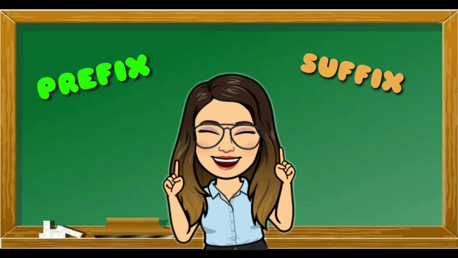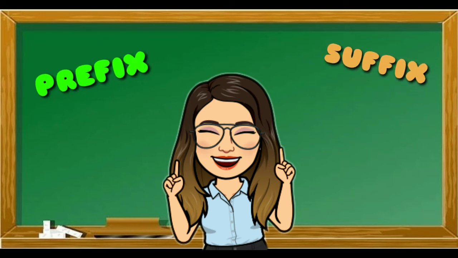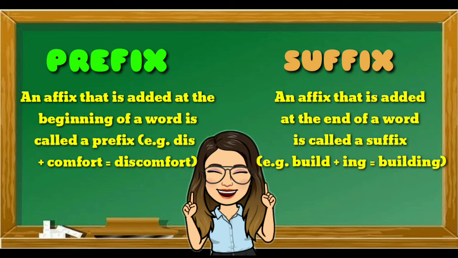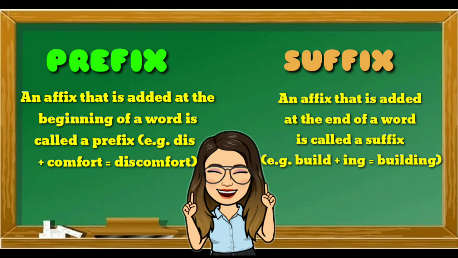Let us try to know the difference between them. An affix that is added at the beginning of a word is called a prefix. For example, dis plus comfort is equal to discomfort. While an affix that is added at the end of the word is called a suffix. For example, build plus ing is equal to building.